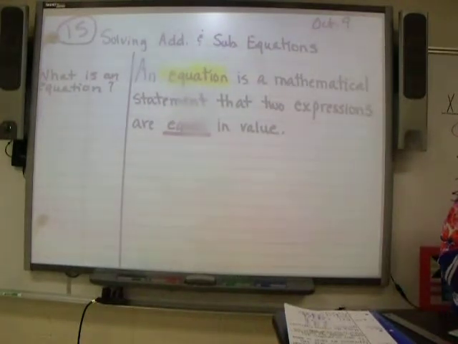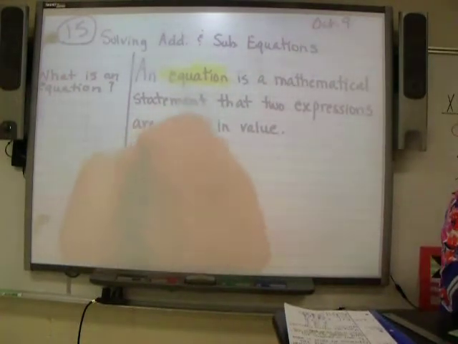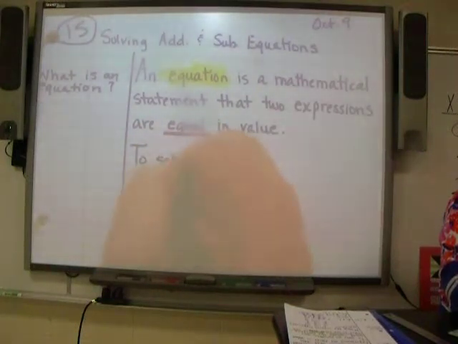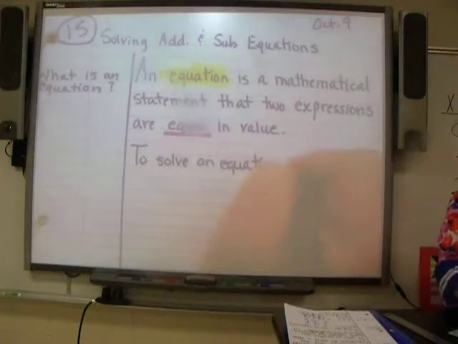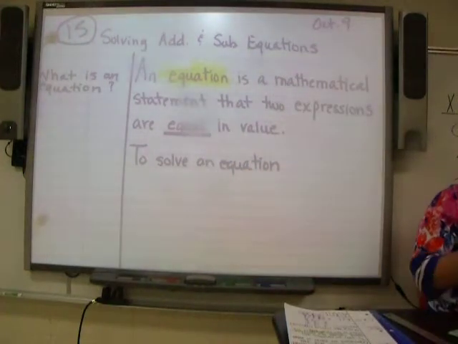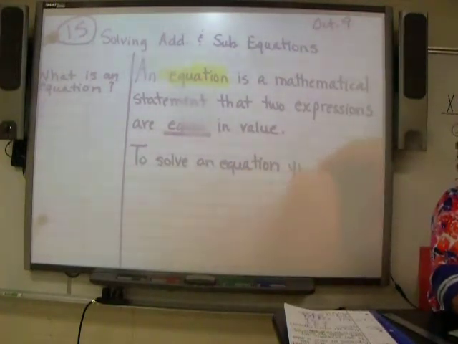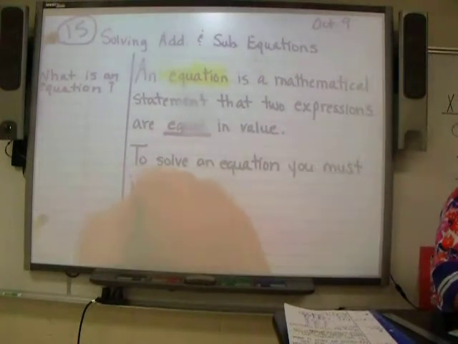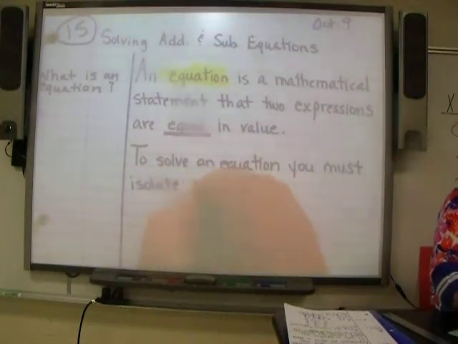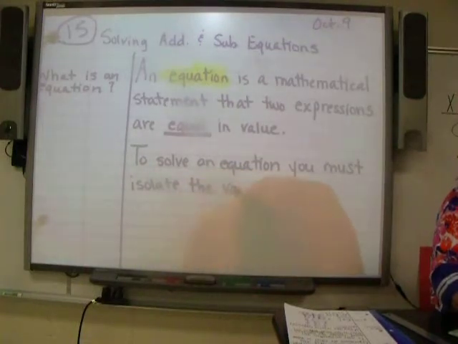To solve an equation, you must isolate the variable.